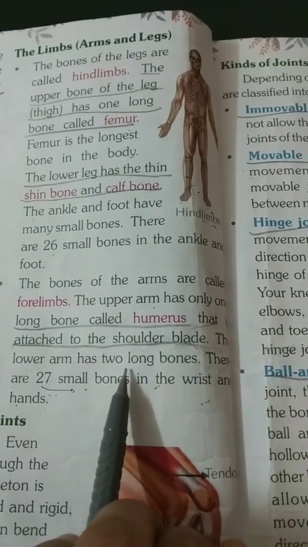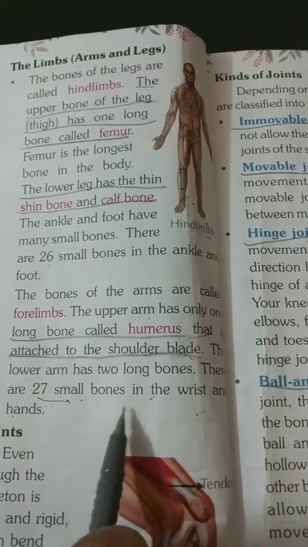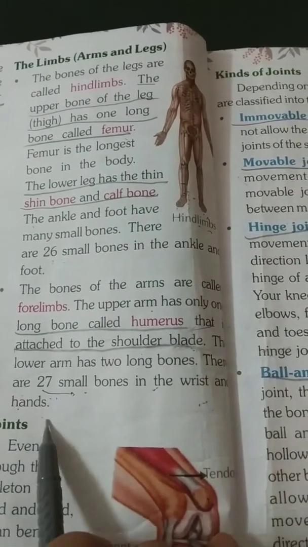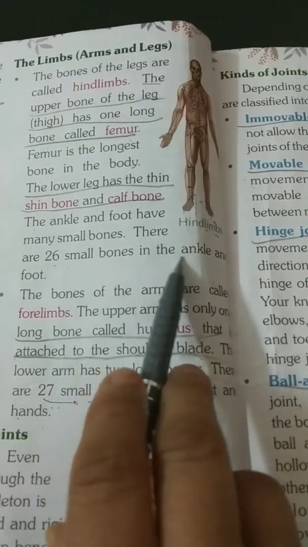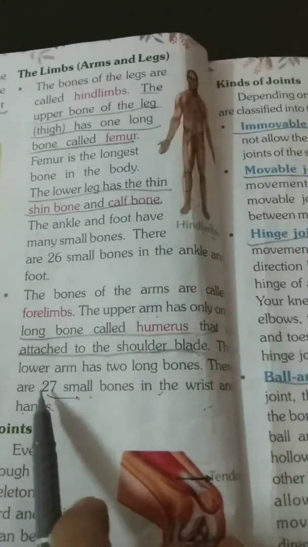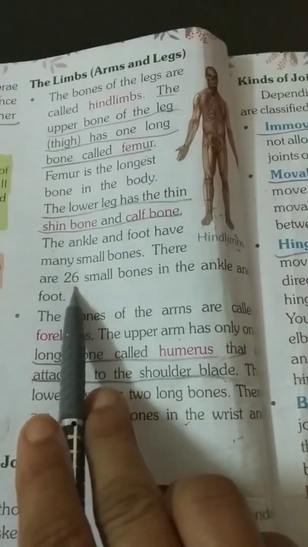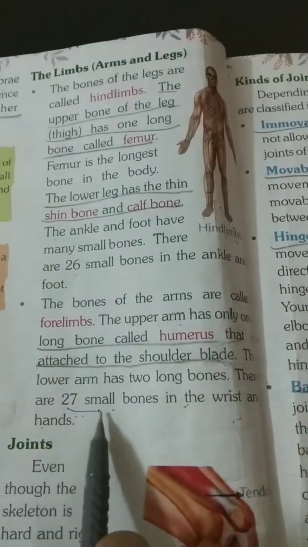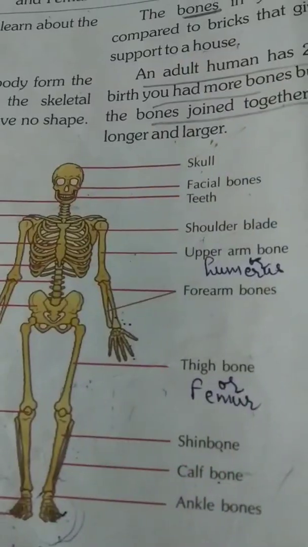The lower arm has two bones, and 27 small bones are present in the wrist and hand. So you will underline these 26 small bones in the ankle and foot and 27 small bones in the wrist and hand.